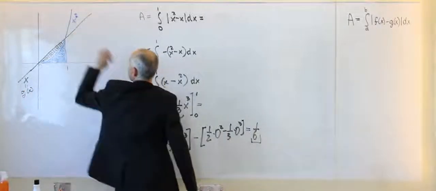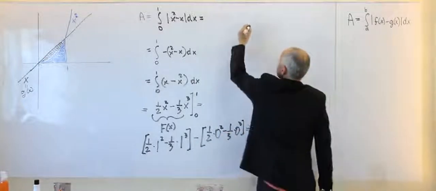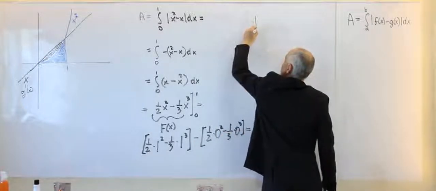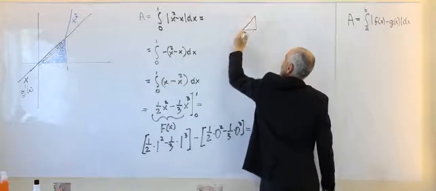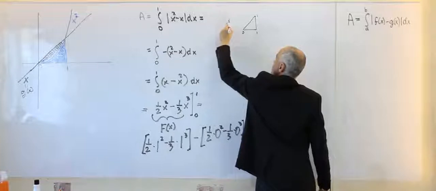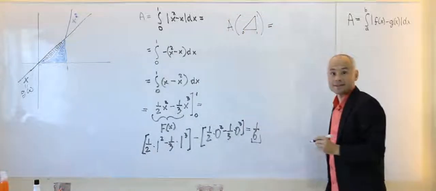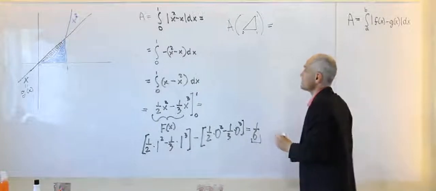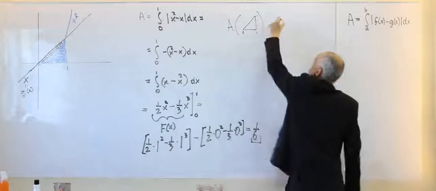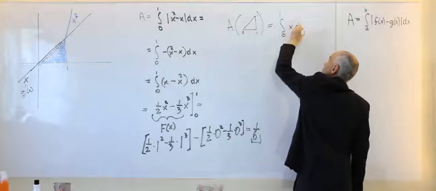And this one, the blue one, was f of x. Okay, so the area of this triangle, so it was 0, 1, 1. How would we calculate this? That's the integral from 0 to 1 of x dx, right?